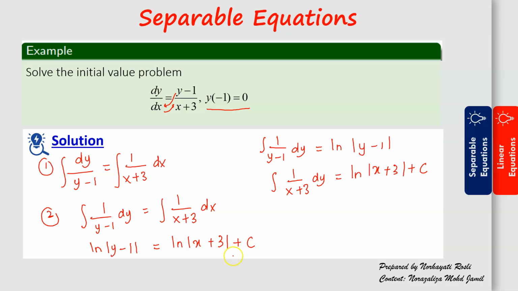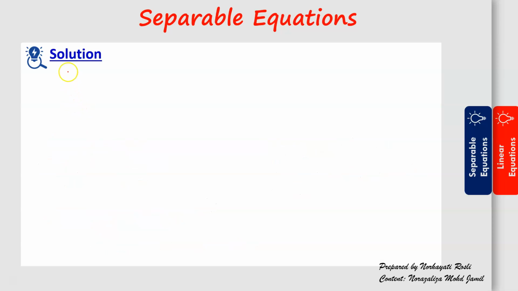And then class, remember, you cannot leave your answer like this, but you have to write y as the subject. How to write y as the subject? First, we move this ln to this side. We collect all ln at the same side. So here we will have ln(y minus 1) minus ln(x plus 3) equal to c.